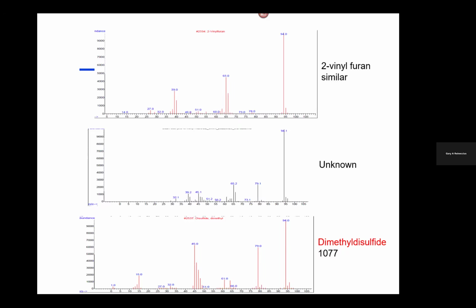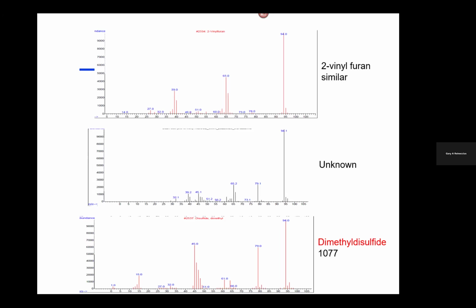So mass coming across here. And you look at this compound, dimethyl disulfide has a fragment at 79. Your unknown has a fragment at 79. Isn't the same proportion, but they are also there.